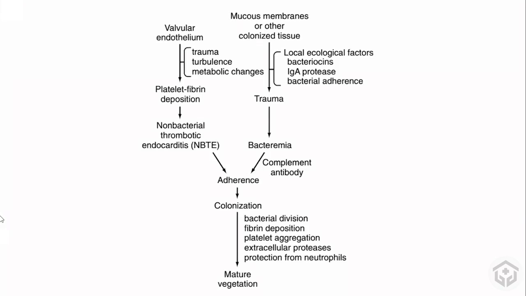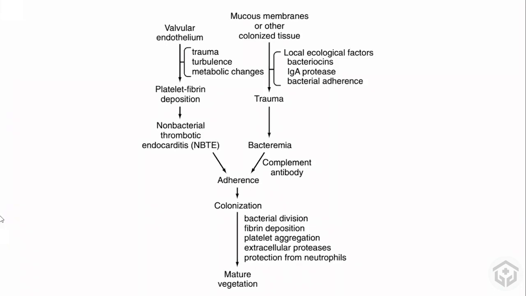To initiate the disease, there should always be a damage. It can be a very subtle damage, but there should always be damage in the endothelial surface to initiate the infective endocarditis process. This damage can be caused by turbulent blood flow or some metabolic changes or the organism itself.